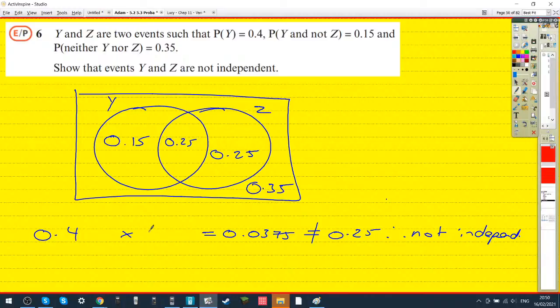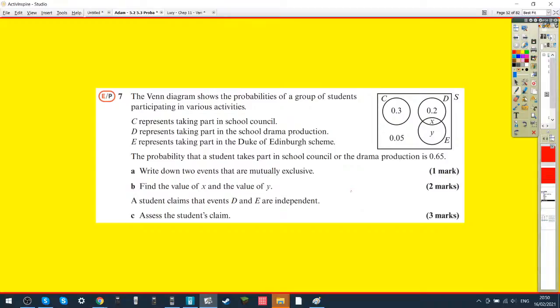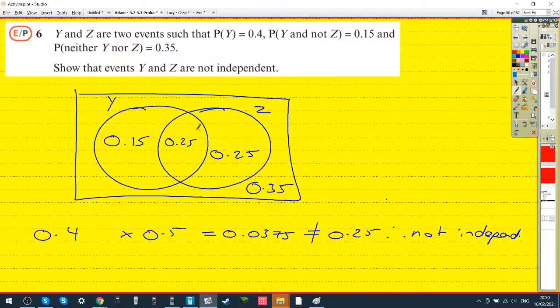Nope. Z includes the middle. So it's 0.5. See this Z circle? Two regions, middle and right. Because if you ask those people in the middle, do you do Z? They're in there.